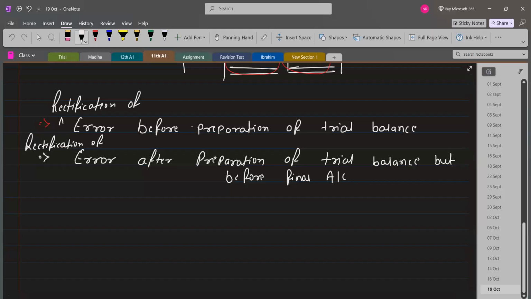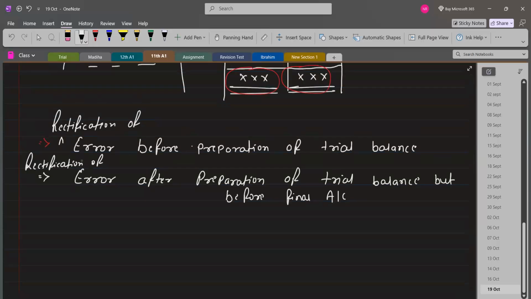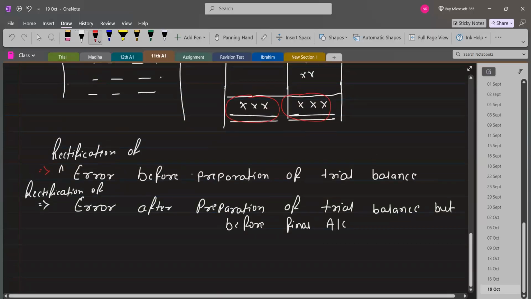So these two classifications of rectification. So heading is rectification of error. Please write this.